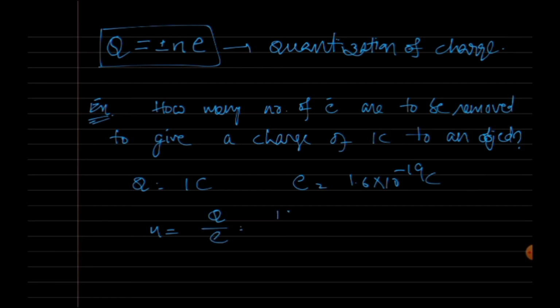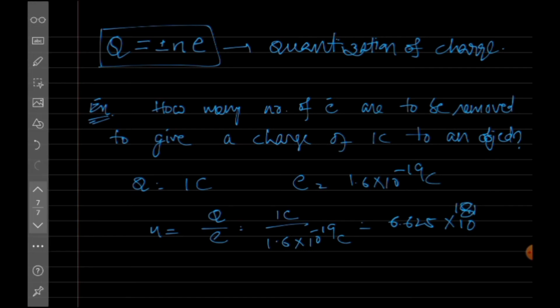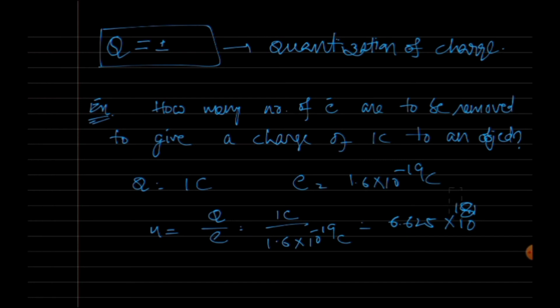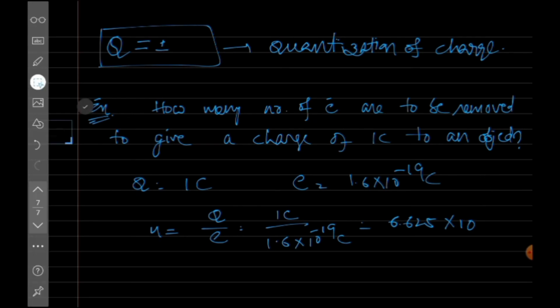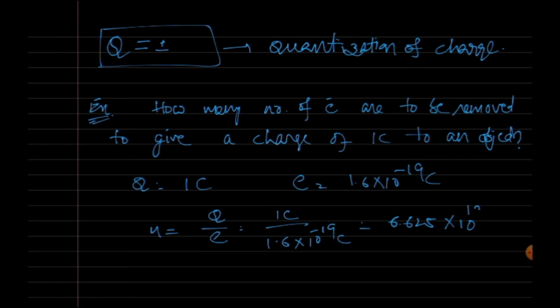So 1 coulomb divided by 1.6 into 10 to the minus 19 coulomb is equal to 6.25 into 10 to the power 18 electrons.